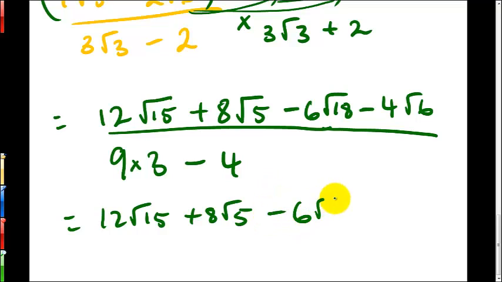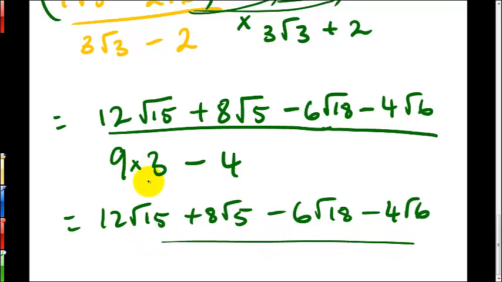We'll leave it as minus 6 root 18, minus 4 root 6, all over 9 times 3 is 27, take away 4 is 23. And that's my answer. So that's rationalizing the surds. Not a very hard concept. Hopefully you found that pretty easy.